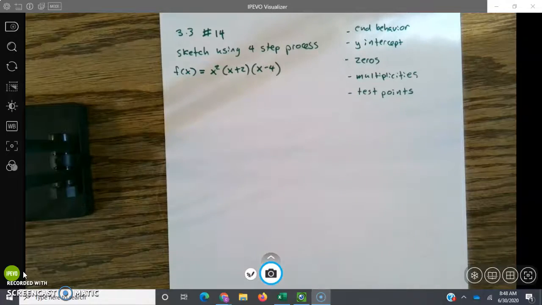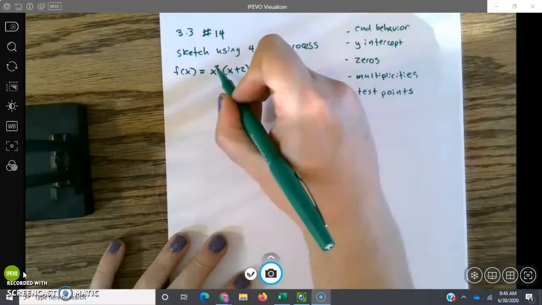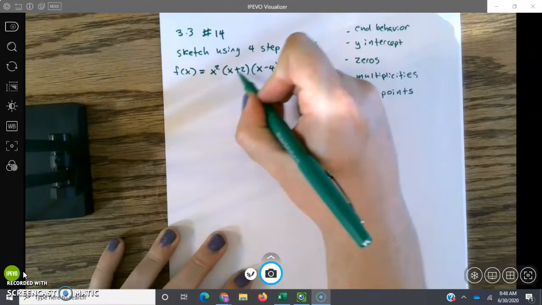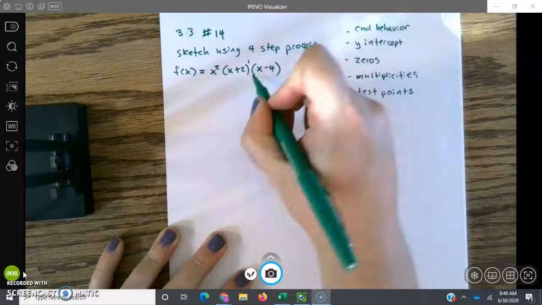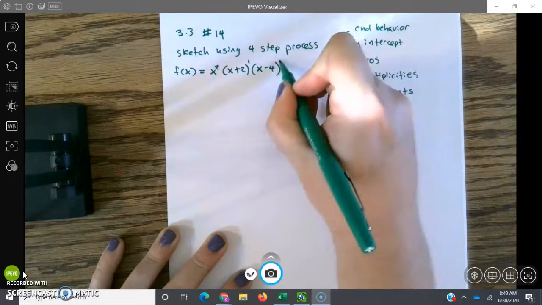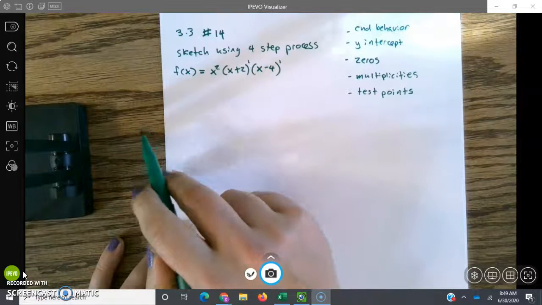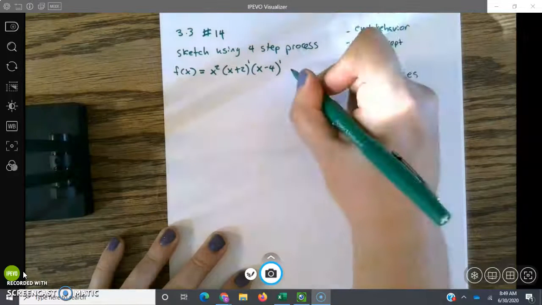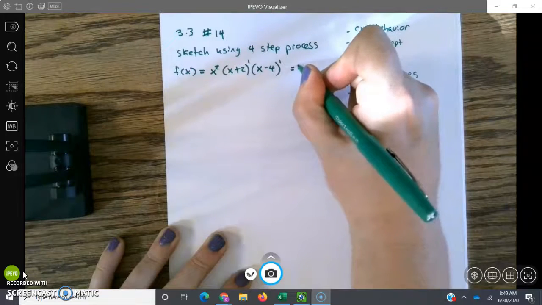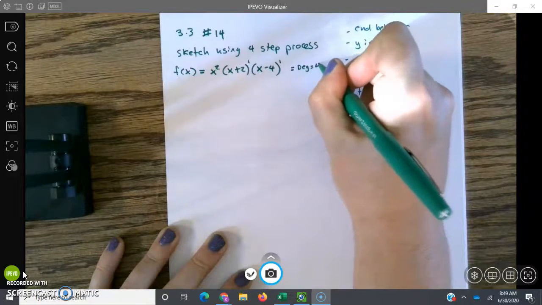So our polynomial here is x squared times x plus 2, so there's a little 1 there, x minus 4, a little 1 there. Then you add together those powers and we get a degree of 4.